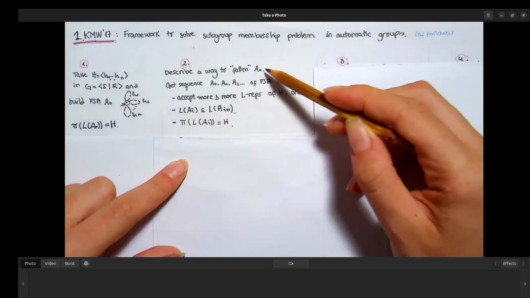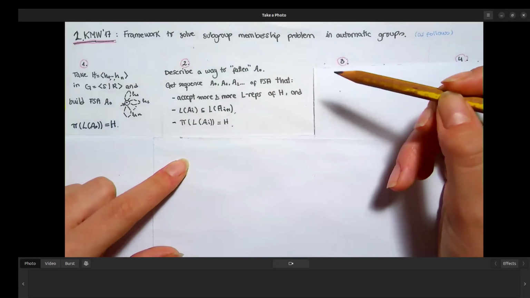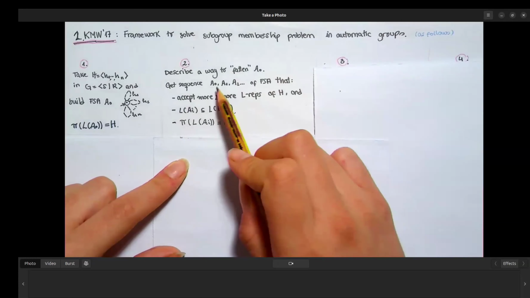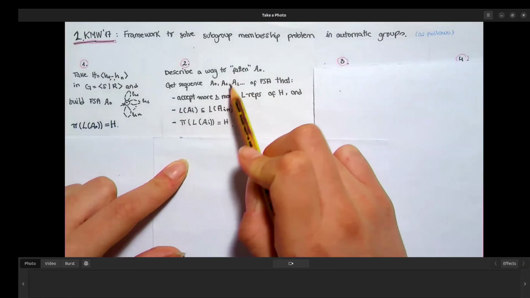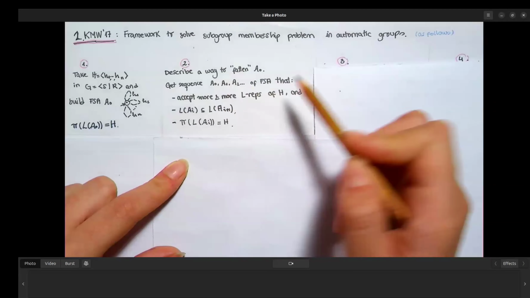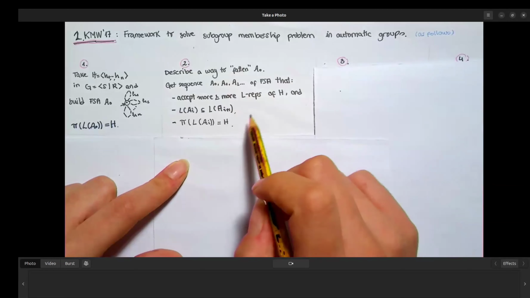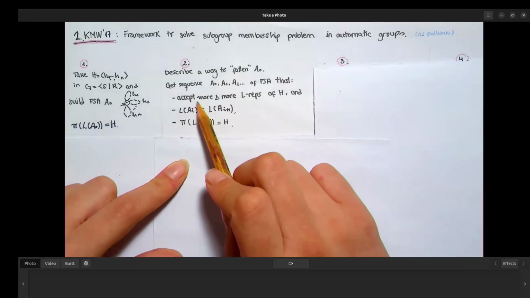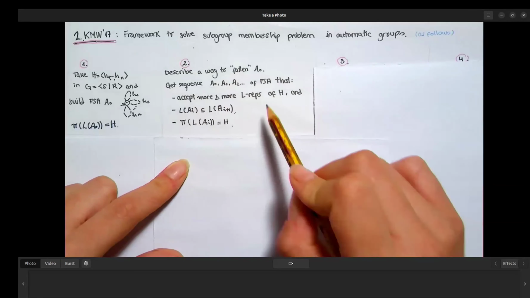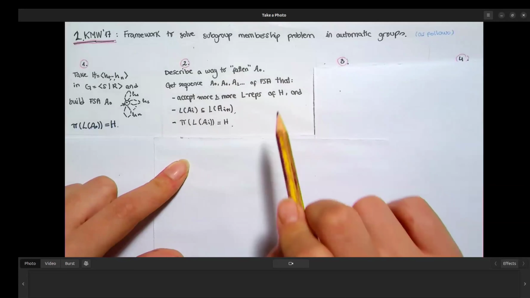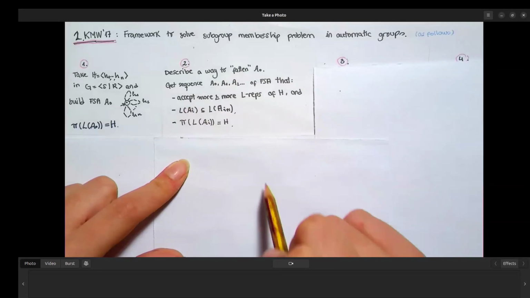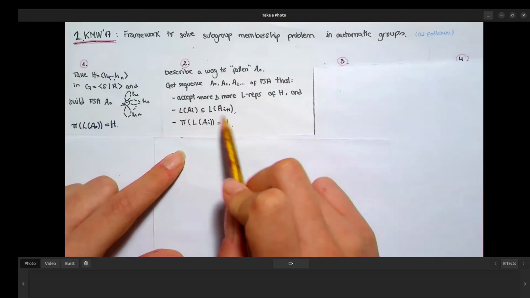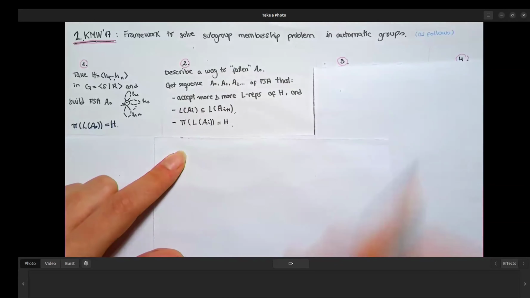What fattening A0 meant for them is to iteratively enlarge the automaton A0 to A1, A2, etc., to obtain a sequence of automata such that each of them accepts more and more L representatives of the subgroup, such that the language of each automaton is contained in the language of the next automaton, and such that at every step, all of them project onto H.